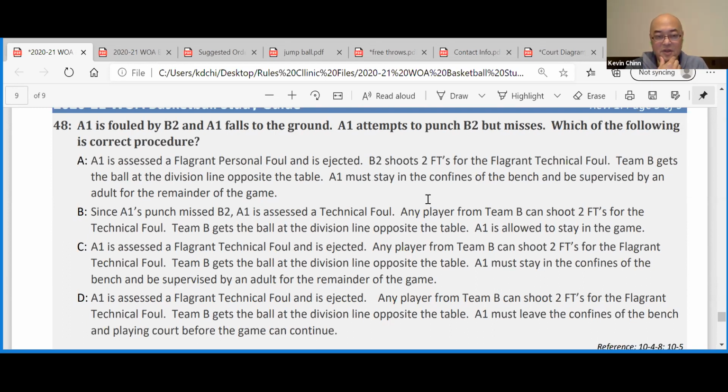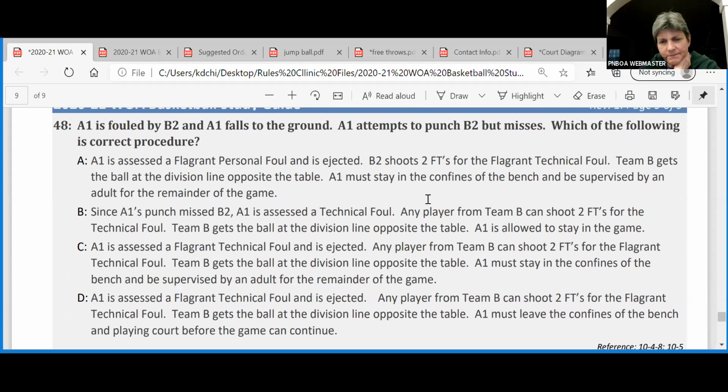The answer is C. The only difference between C and D is the player must stay within the confines of the bench and is supervised by an adult. We don't have players leave the gym without supervision.